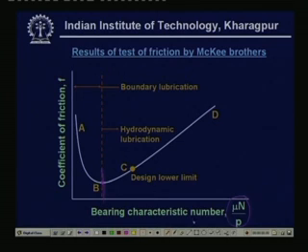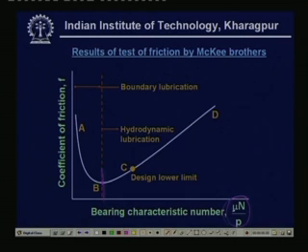Now, the design zone means that the calculated bearing characteristic number should be somewhere in this zone of C to D. Well, we can talk about B to D also, I am just telling it.